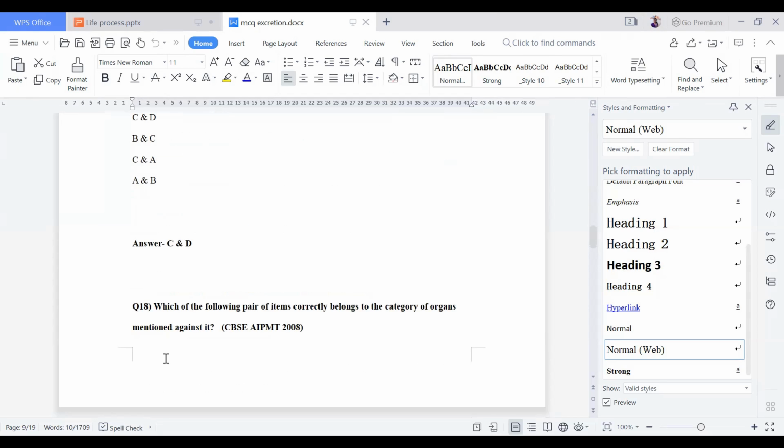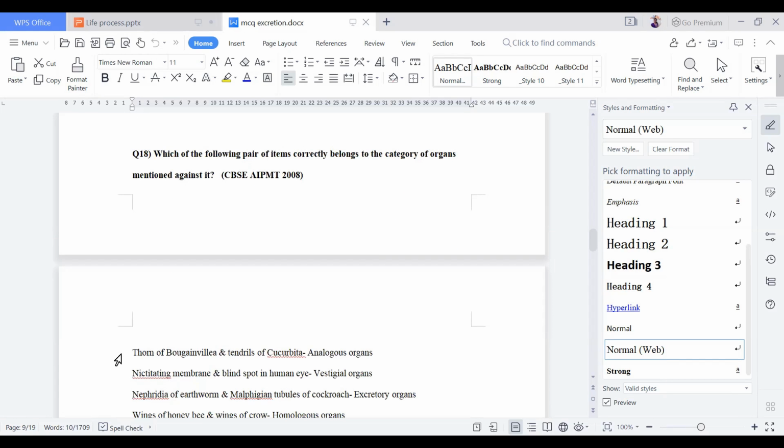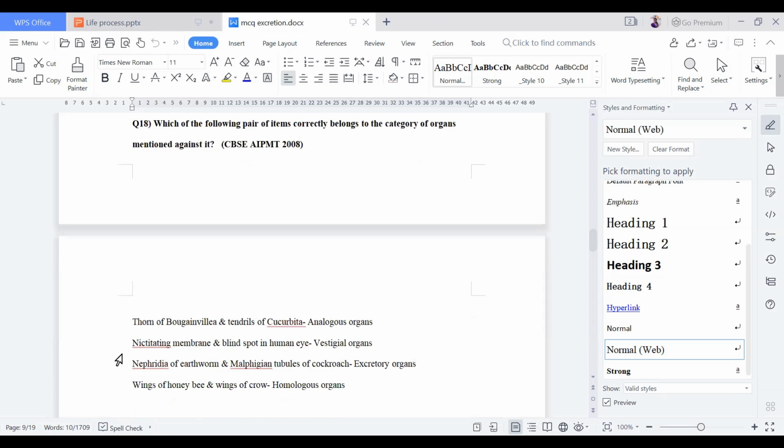Question number 18. Which of the following pairs of items correctly belongs to the category of organs mentioned against it? First one, thorn of bougainvillea and tendrils of cucurbita, analogous organs. Then nictitating membrane and blind spot in human eye, vestigial organ. Nephridia of earthworm and malpighian tubules of cockroach, excretory organ. Wings of honeybee and wings of crow, homologous organ. Which one of these pairs is correct, they asked.